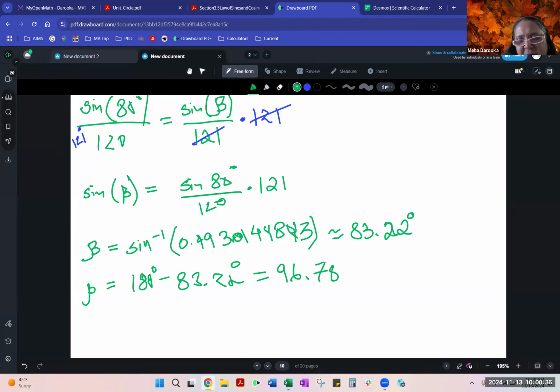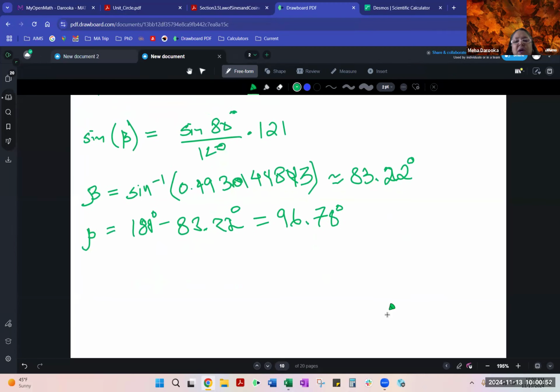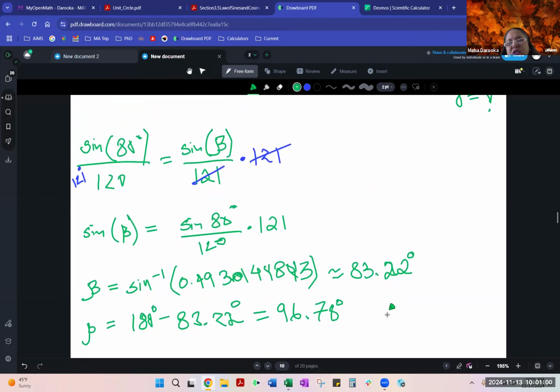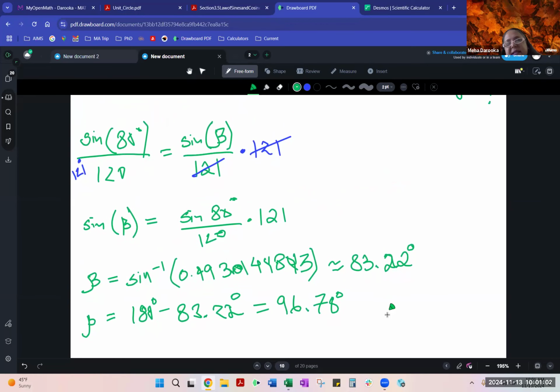And I actually did that on my handheld calculator. Sorry, I guess I should have done it on Desmos. But yeah, just 180 minus 83.22, and you get 96.78. So now both of them technically can still be viable solutions because we know that three angles should add up to 180 degrees.